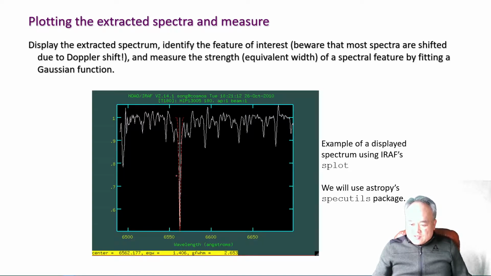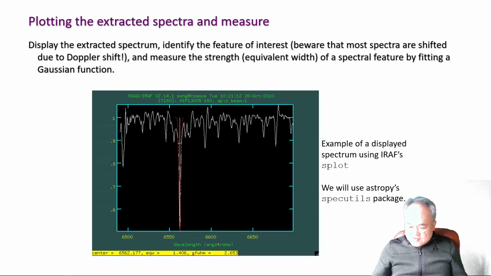Then how do we measure the intensity or strength of this H alpha line? The simplest way is to fit a Gaussian curve to this feature. The Gaussian fit will return some numbers, and as shown at the bottom, the center and the Gaussian EQW, meaning the equivalent width, which will be explained in the next slide.